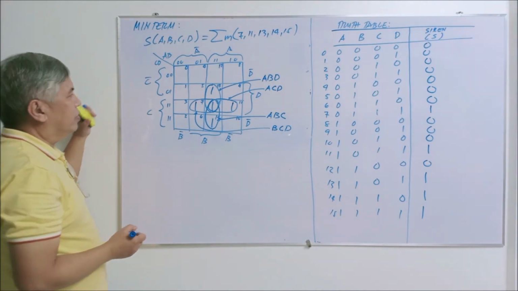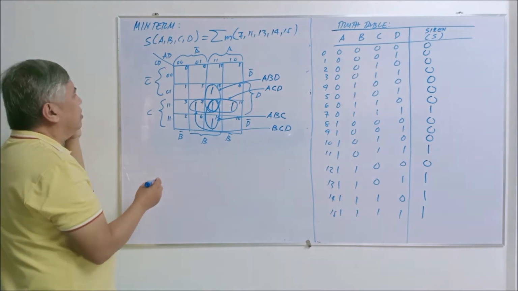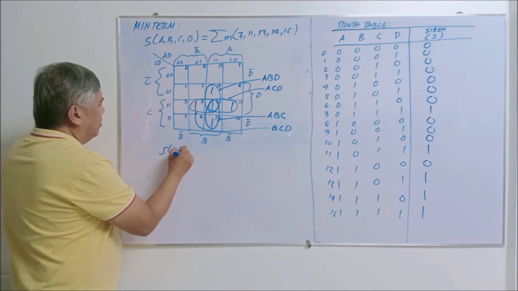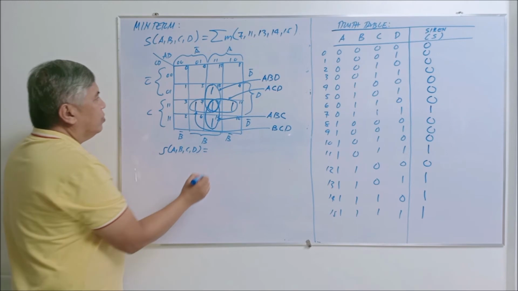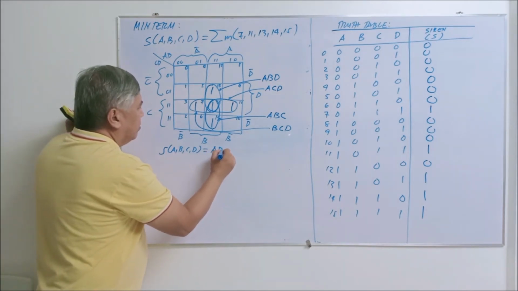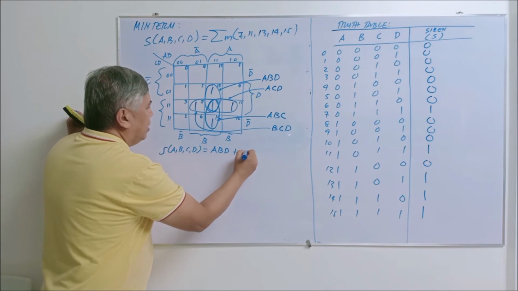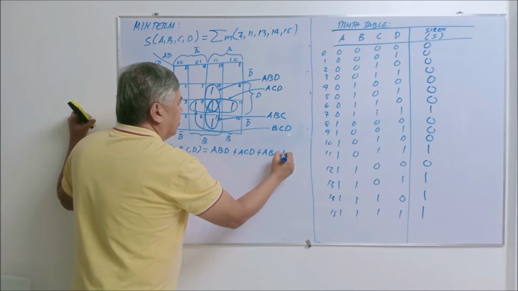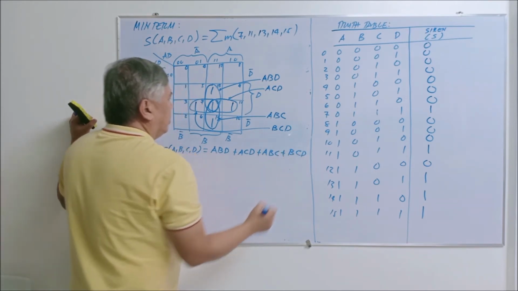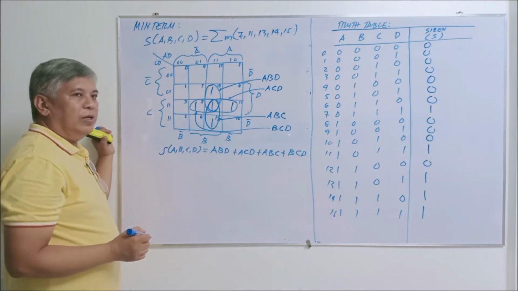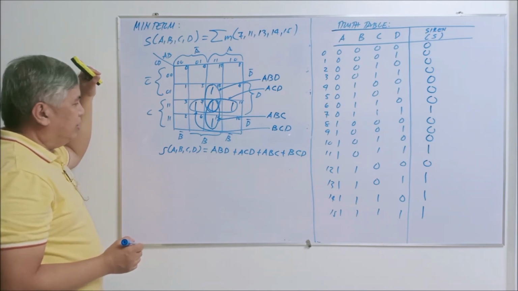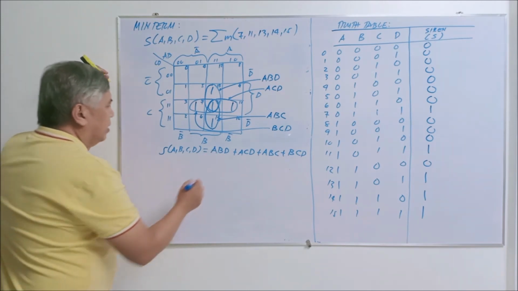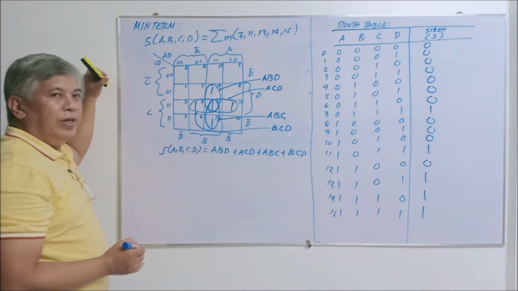variable terms, no? So the equation, therefore, using the min term or SOP will be S as a function of A, B, C, D is equal to A B D plus A C D plus A B C plus B C D. So that will be our logical equation. And if you want to draw the simplified logical circuit, we need 1, 2, 3, 4 AND gates.